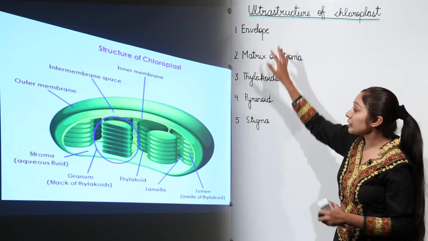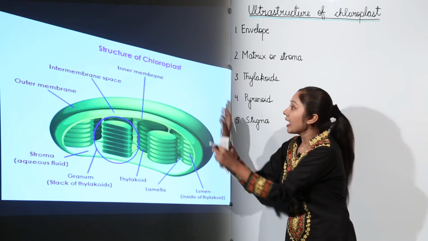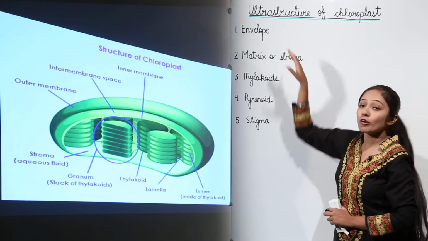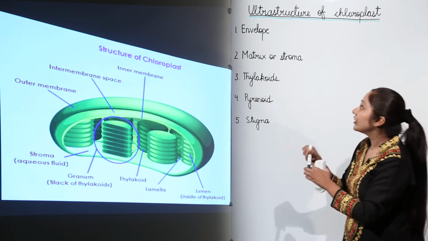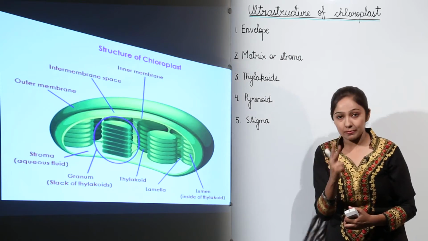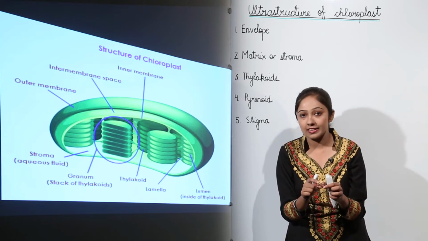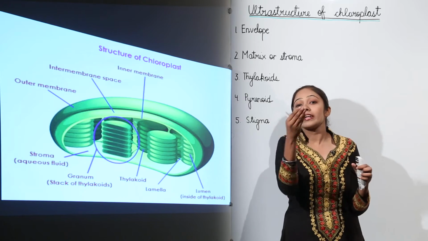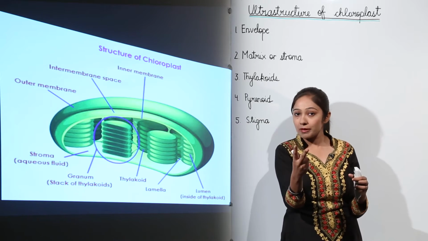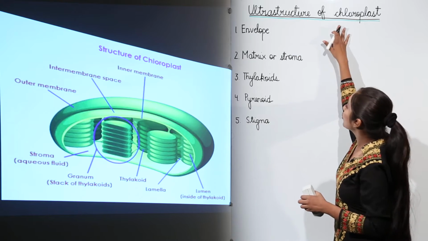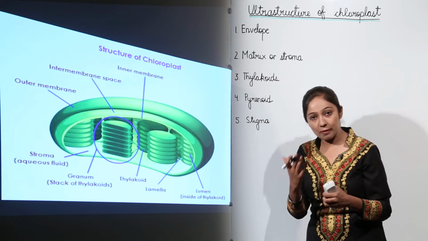This envelope means the outer covering, and when we talk about the envelope of chloroplast, you need to remember that there are two membranes. I told you that chloroplast is a plastid, and plastids are organelles that have two membranes. So the same way, chloroplast also has two membranes.